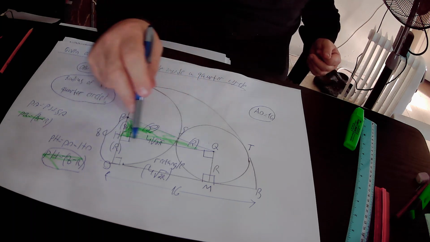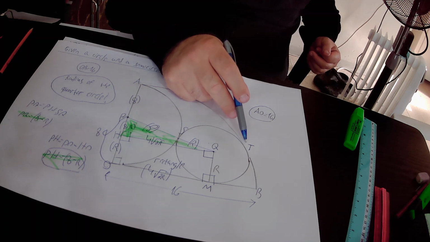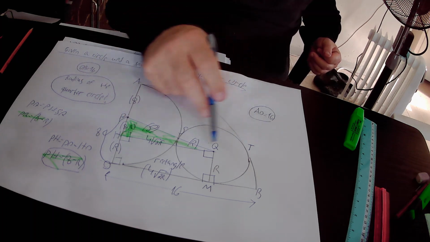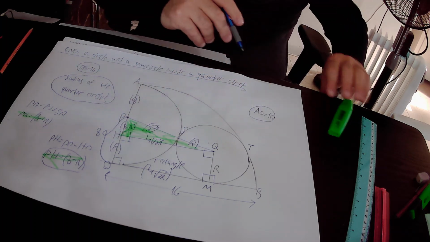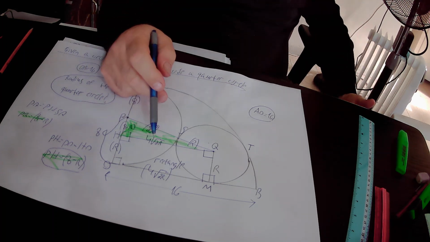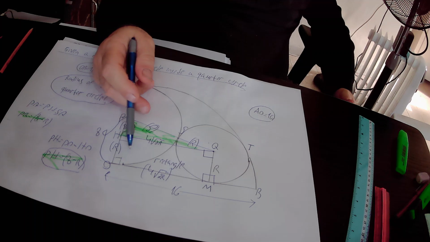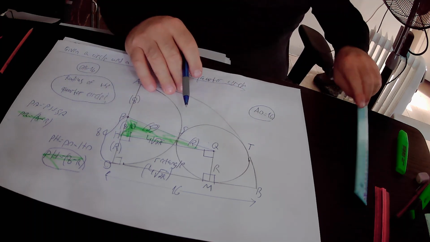According to rule 9, the straight line OQ must pass through point T, that is their touching point. So I connect points O and Q, and according to rule 9, OQT is one straight line.